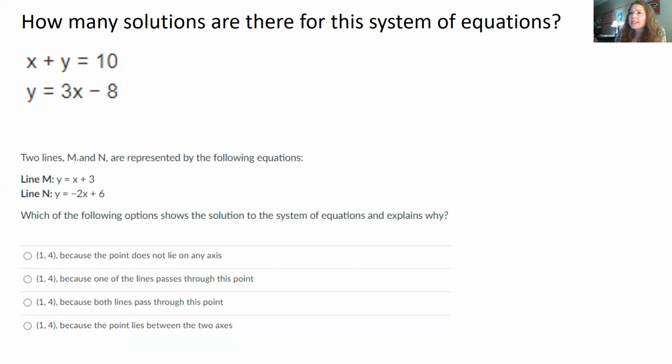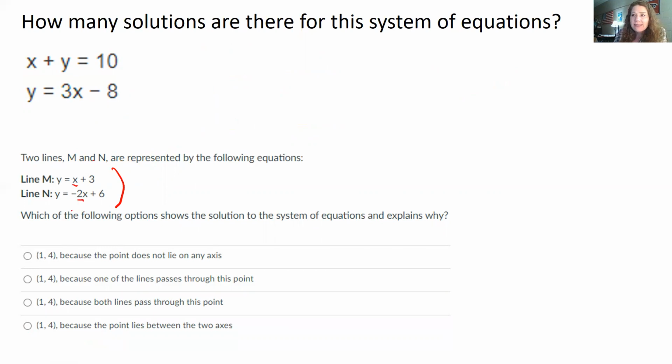All right, two lines, M and N, are represented by these equations right here. Which of the following options show the solution of the system of equations and explains why? So first of all, I see that they have different slopes.